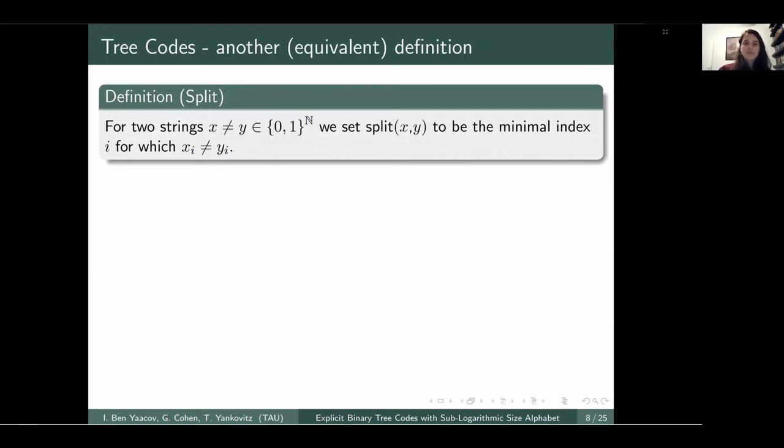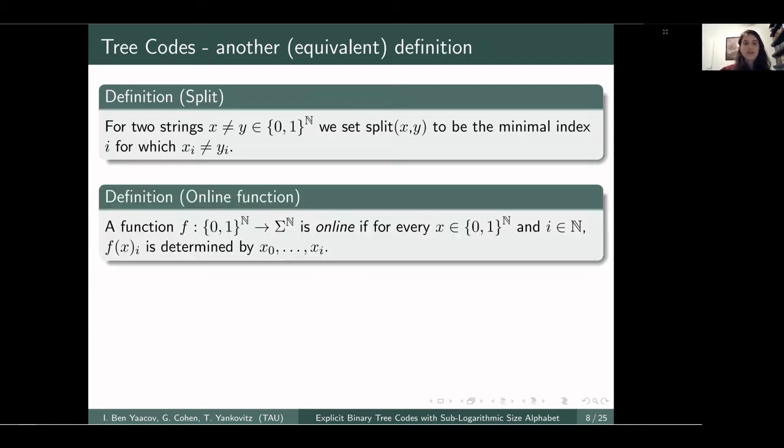First, we define the split of 2 distinct strings to be the minimal index in which they differ. We say that the function f is online if for every input x and every index i, the i-th symbol of f, when evaluated over x, is determined by the prefix of x up to the i-th symbol, namely x_0 to x_i.